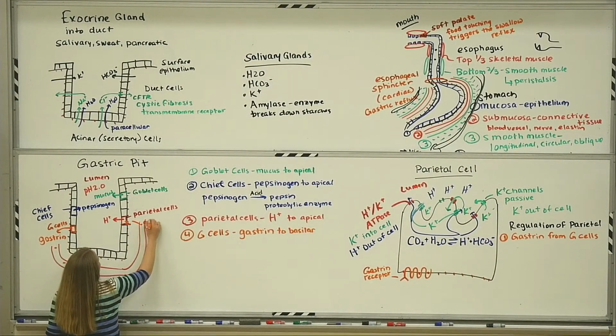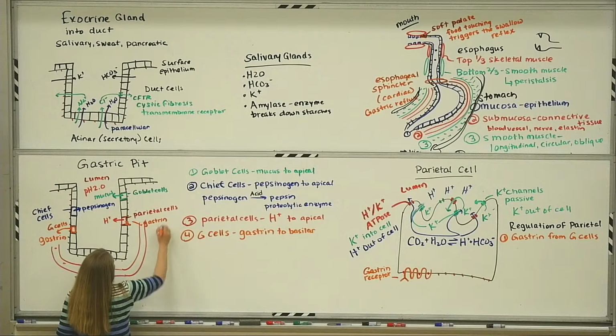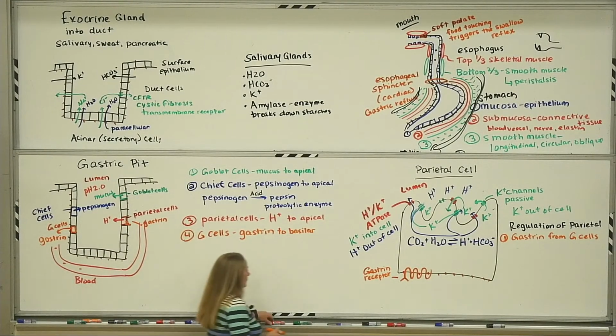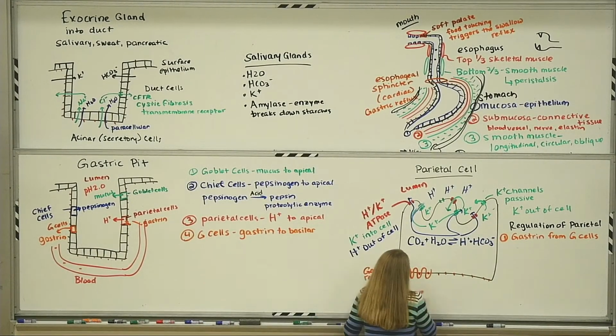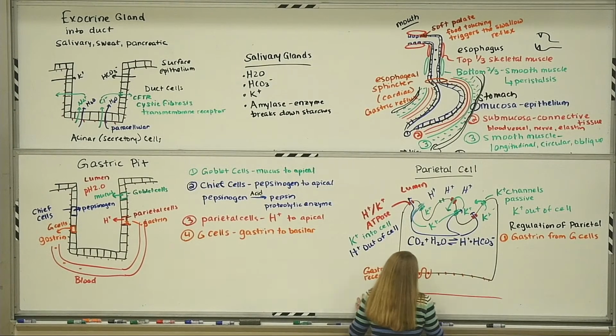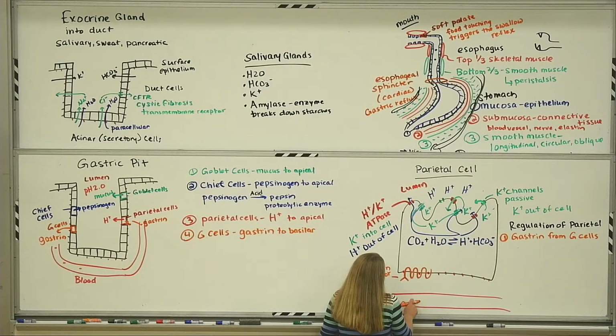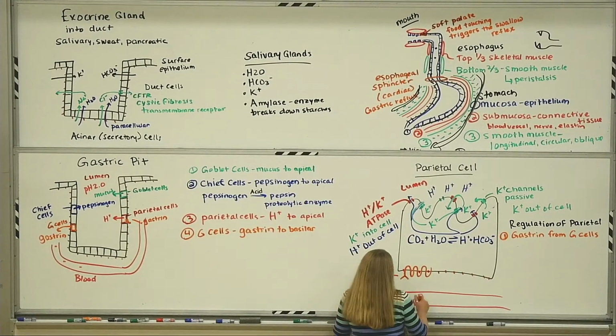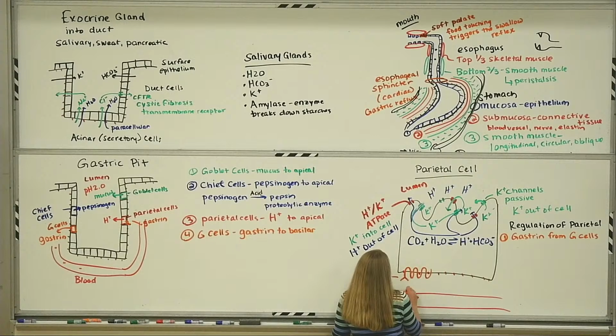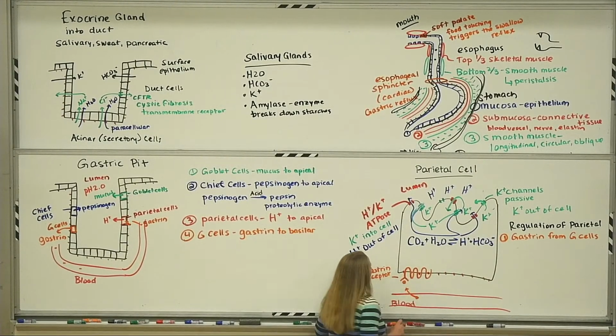So that's gastrin. Gastrin will move out and bind to that GPCR.